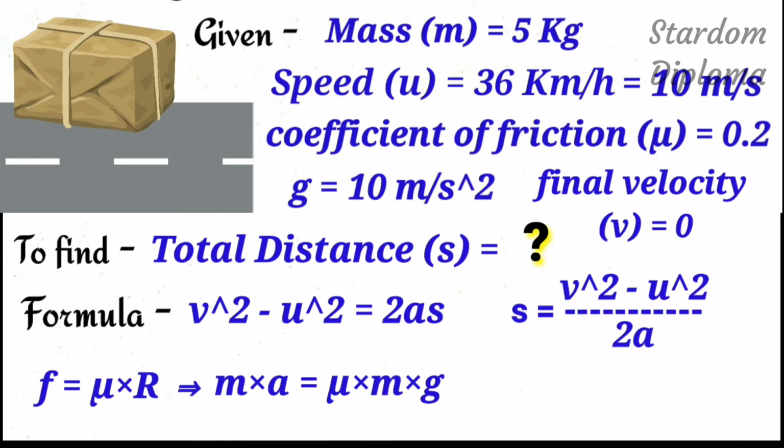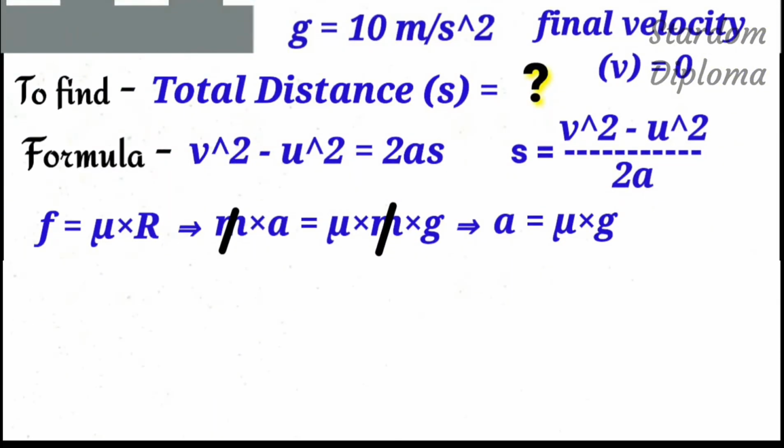Mass will get cancelled on both sides. So acceleration will be equal to mu g, where mu is the coefficient of friction and g is the acceleration due to gravity. We know both the values, right? So a will be equal to 0.2 into 10. So the value of acceleration will be equal to 2 meter per second square.